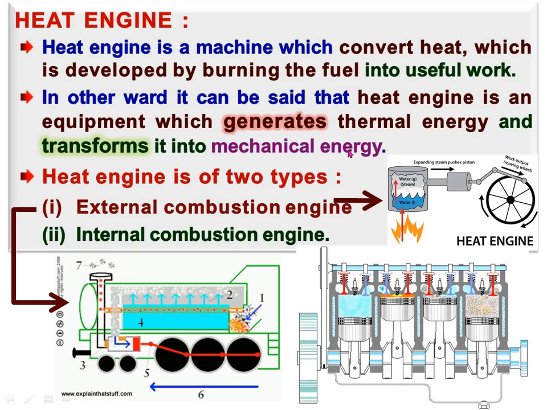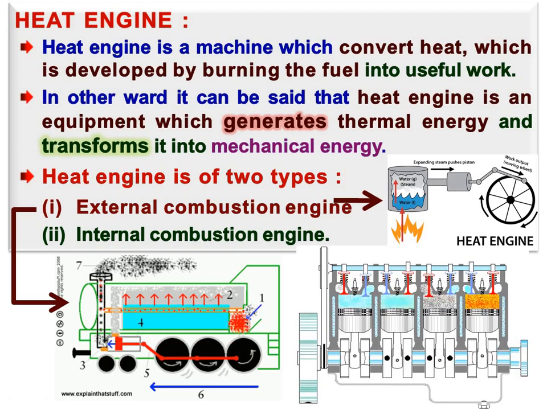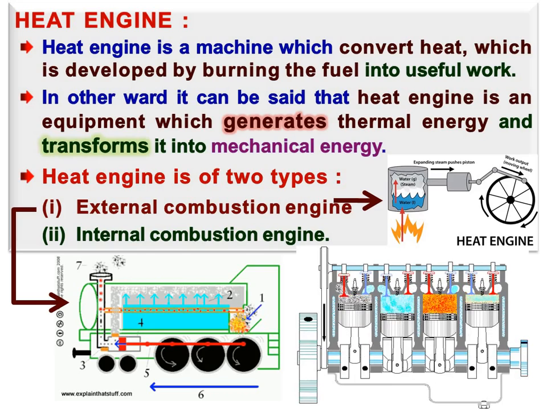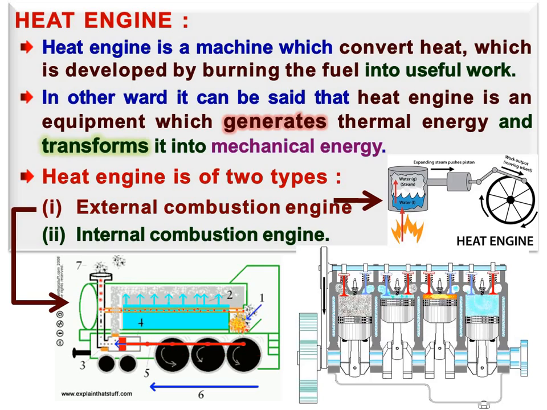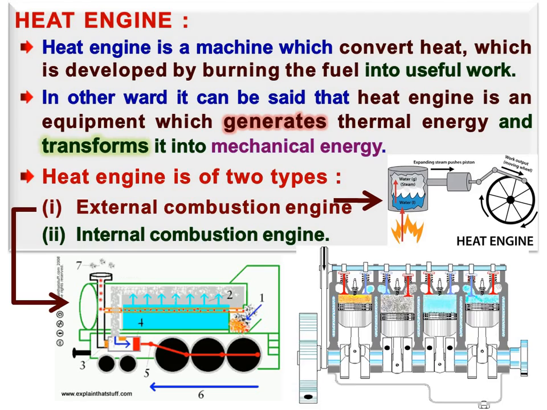See, in the IC engine, we are using fuel, it may be diesel or petrol. So this fuel burnt in the engine and it generates the heat, generates the thermal energy.